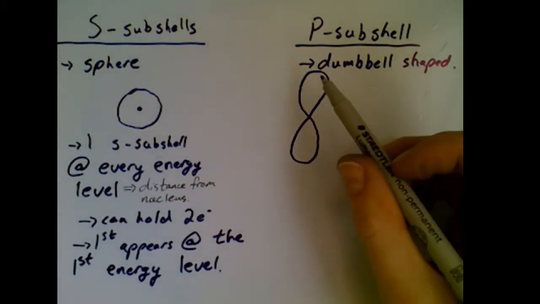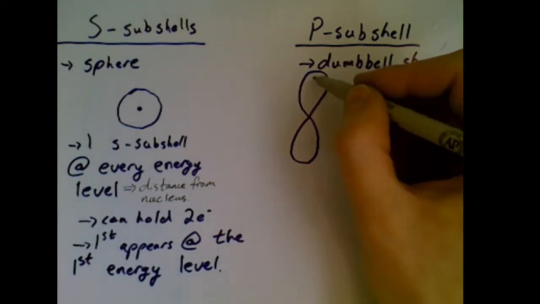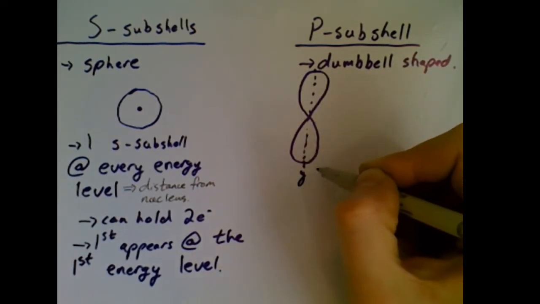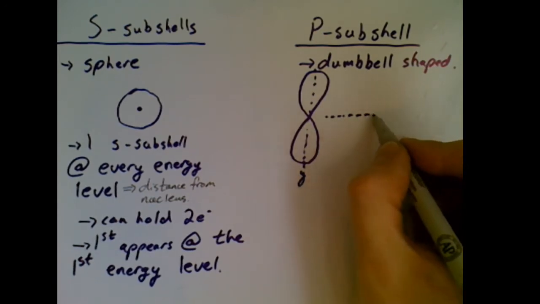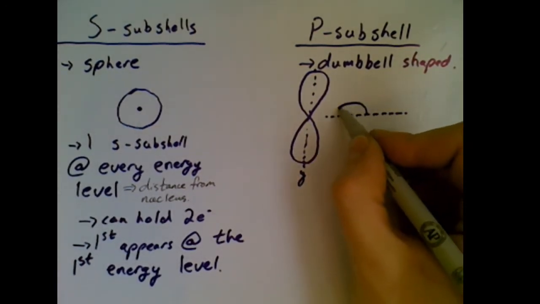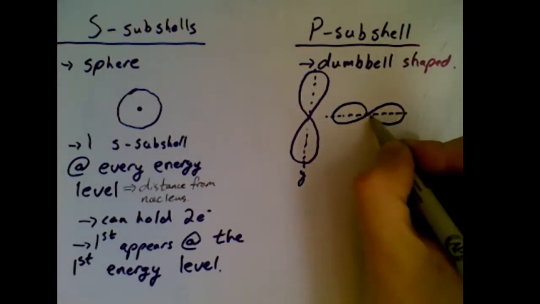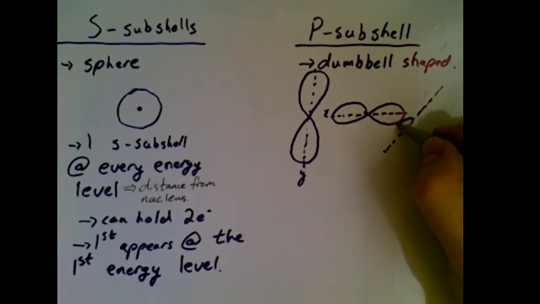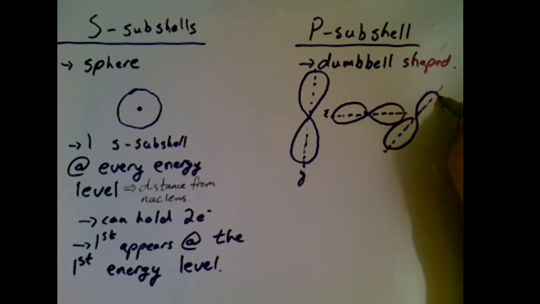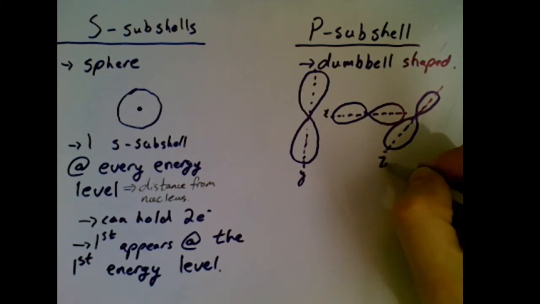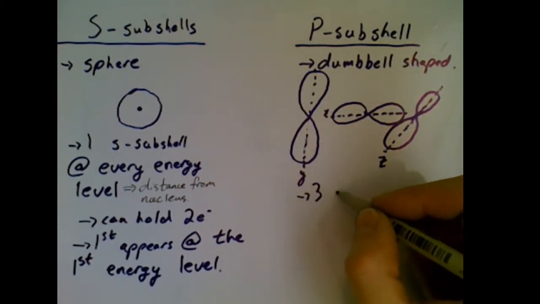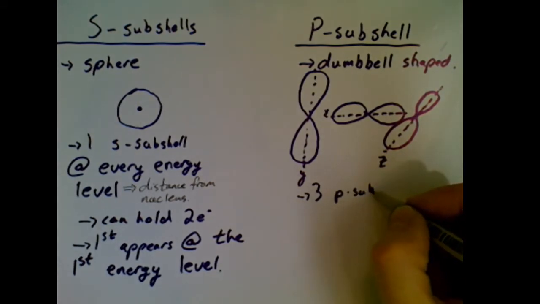But because it has this shape, there's actually one of these that exists on the y-axis. There is one of these that exists on the x-axis. And there is one of these that exists on the z-axis. So it pops out, goes away on the z.